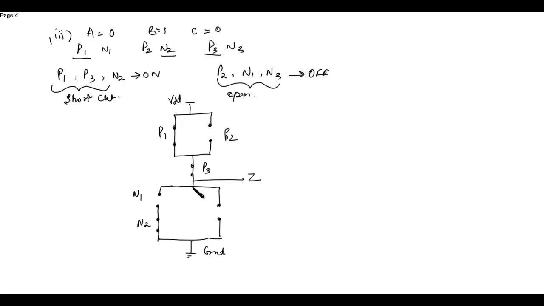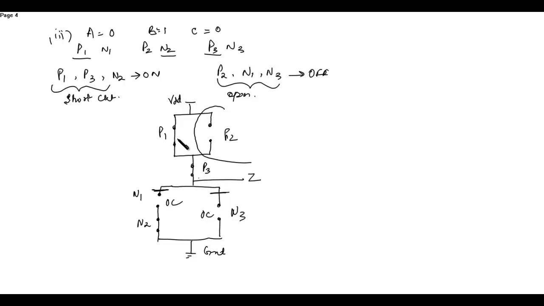Now over here, N1 and N3, they block the low voltage since they both are open circuited. In the PMOS, P1 is short circuited, P2 is open. So since P1 and P2 are in parallel, this open circuit will not affect.